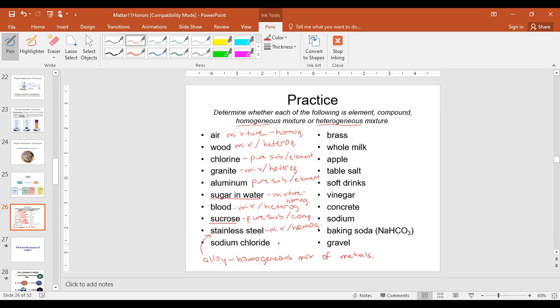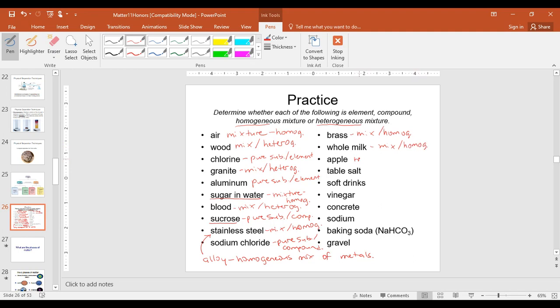Sodium chloride is a pure substance, and it's a compound. Brass is another alloy, so that's a mix, and it's homogeneous. Whole milk in the United States is a mixture, and it's homogeneous.